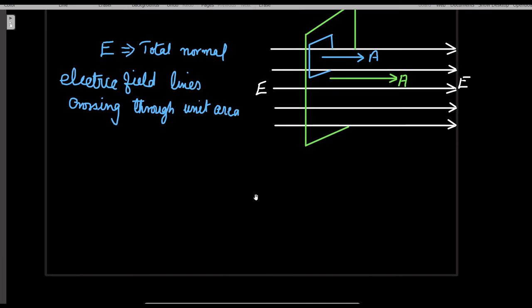Then what is electric flux? Just imagine through this unit area, 2 field lines are crossing. So I can represent, for example, electric field as 2.